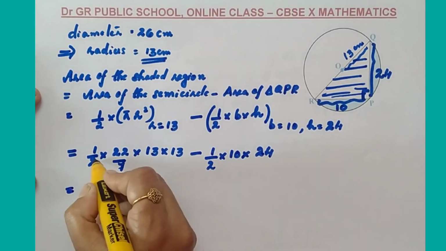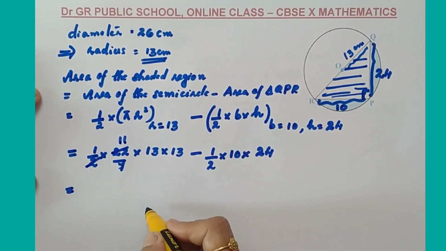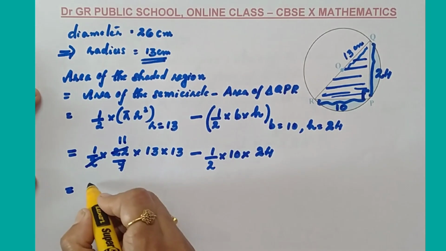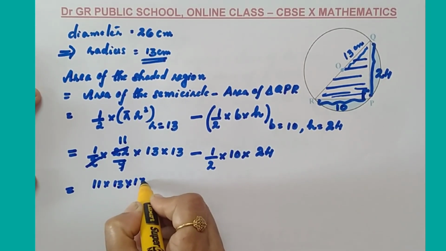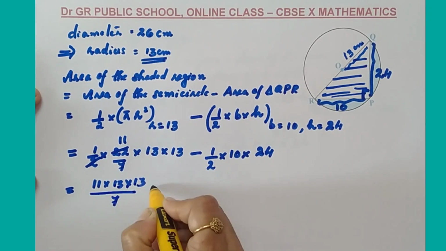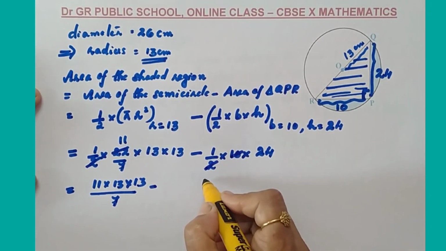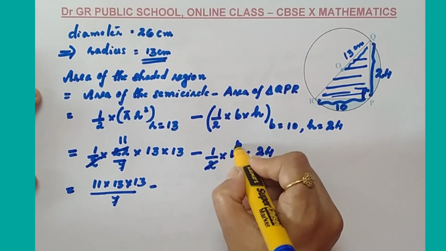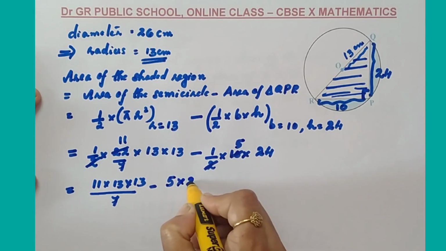Okay, we can do the cancellation. 2 cancels with this 22, 11 times. No further cancellation. So, remaining here is 11 into 13 into 13 divided by 7 minus. Here 2 cancels with this 10, 5 times. Now, the remaining is 5 into 24.